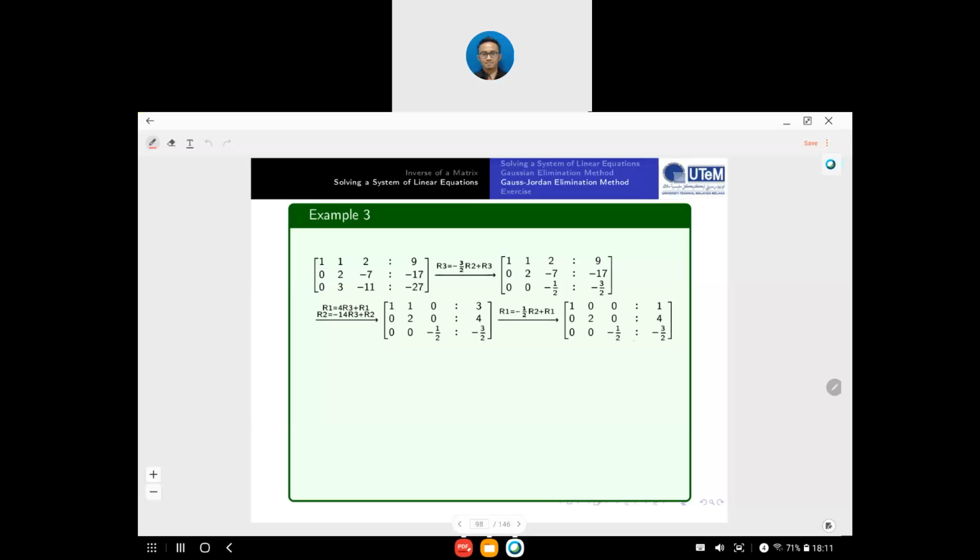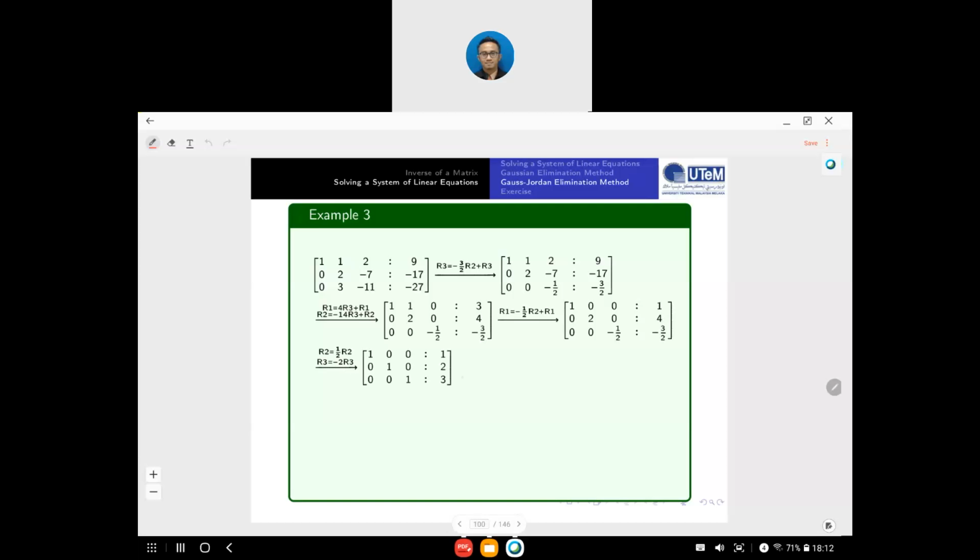Next, our aim is to change the diagonals to become 1. So row 1 is already 1. Row 2 divide by 2. And then row 3 times by negative 2. Okay. So your final answer becomes this one.